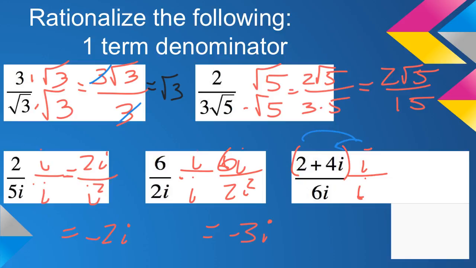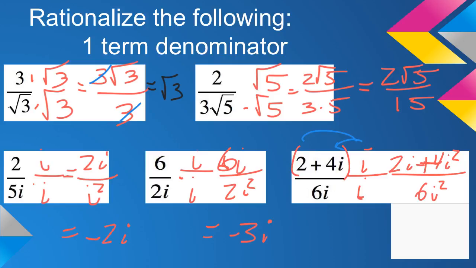So this is going to take a little bit more simplification. So you've got 2I plus 4I squared all over 6I squared. Okay, well now there's some more simplification that can be done, because 4I squared is a -4.